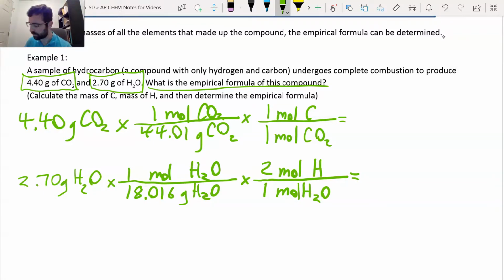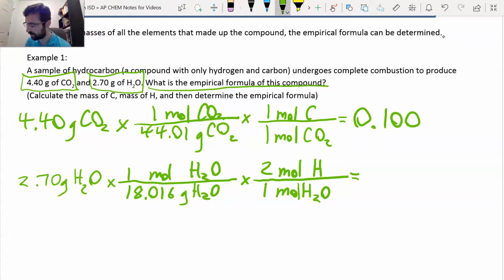So 4.40 times 1 divided by 44.01 times 1 over 1 ends up being 0.0999 and so on. Okay, so to 3 significant figures, it actually ends up being 0.100 if we round to the correct number of sig figs.